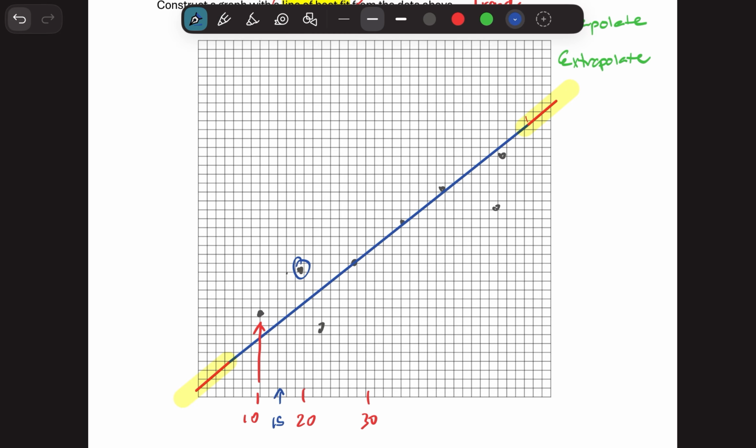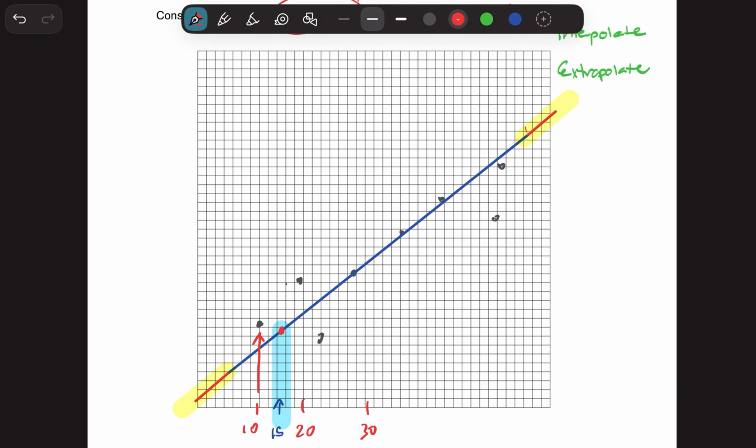No, I don't have a point. But I can then go to my graph and say, for 15, it would be somewhere around here. I think it would be this point right there, because according to my trend line, my line of best fit, it should be a number like that.